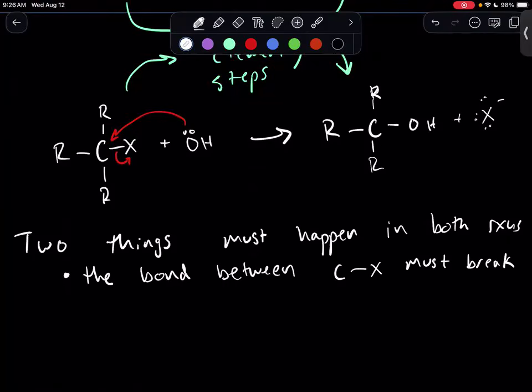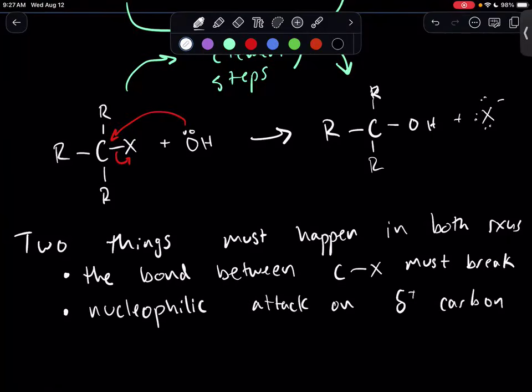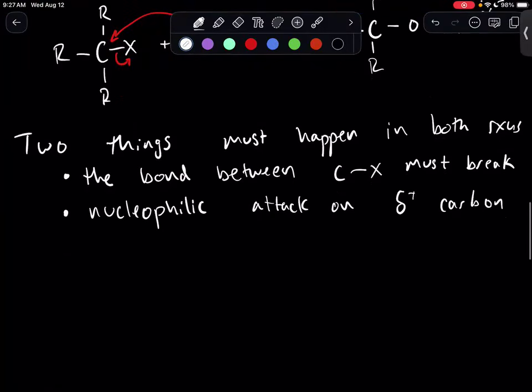So we have to break that bond somehow to get the leaving group to depart. We also have a nucleophilic attack on the partially positive carbon. So both of these happen. But the real question is, which happens first?